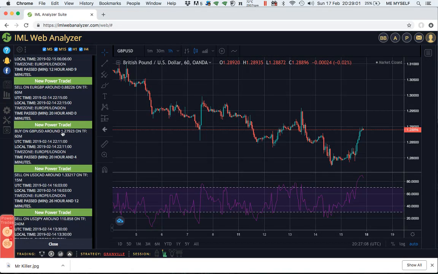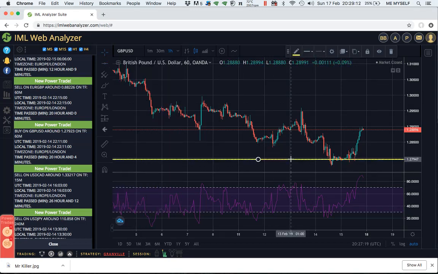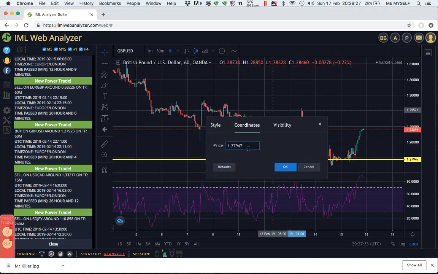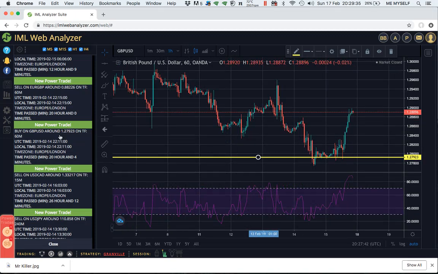GU was called for a buy at 1.27923, and it was called at the time, it was 10:11 in the night.